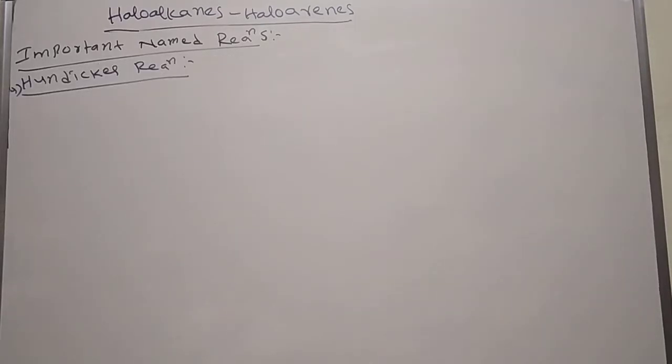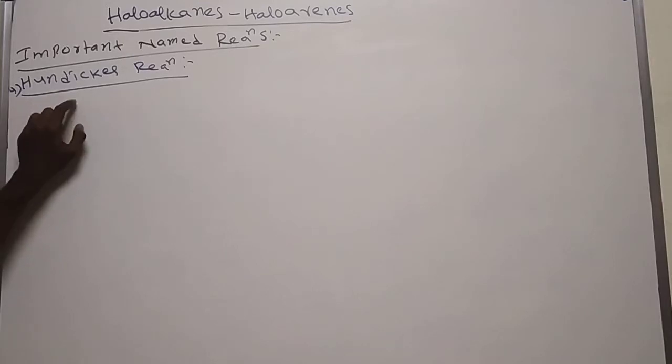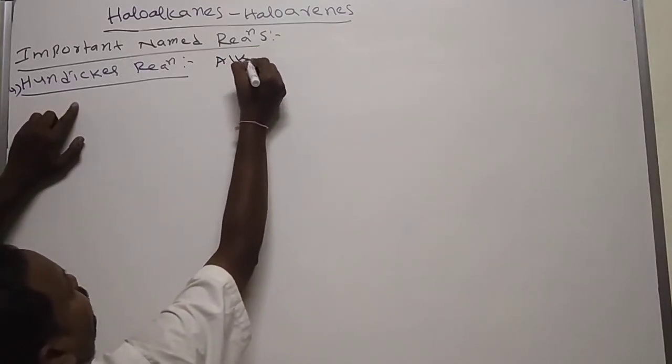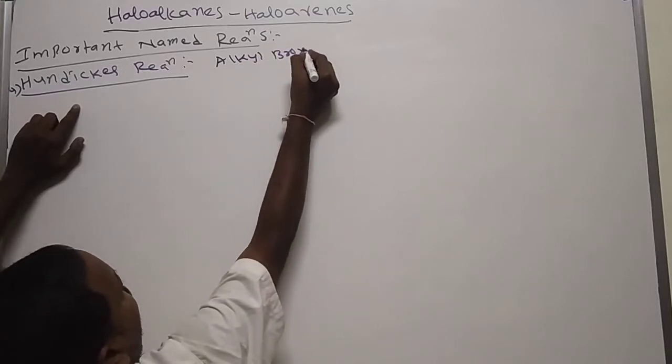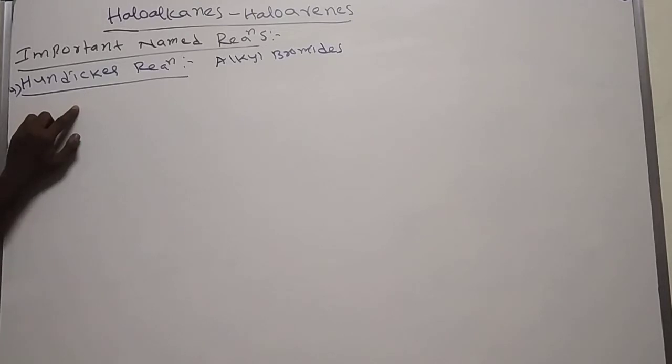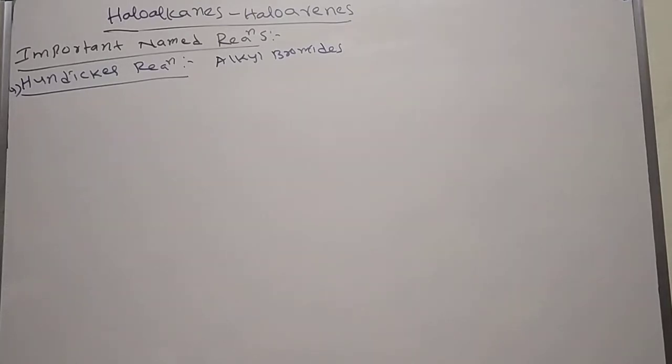In continuation, we'll see one more important reaction, the Hunsdiecker reaction. It is used for the preparation of alkyl bromides. Bromine and carbon tetrachloride are the reagents.